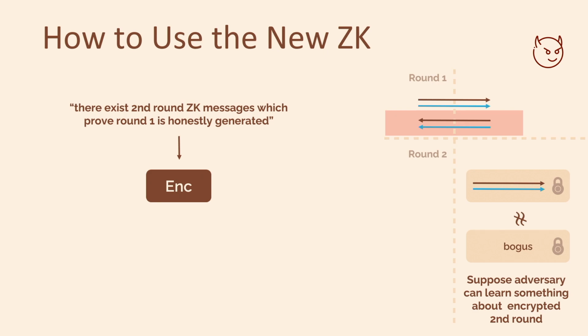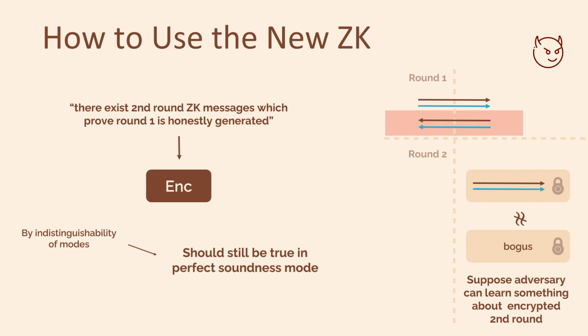So it learned something non-trivial about this second round plaintext. The first observation we can make is that whatever this adversary learns, it should still be able to learn this information in perfect soundness mode, given that the zero knowledge protocol is in this mode. And this is because the two modes are indistinguishable.